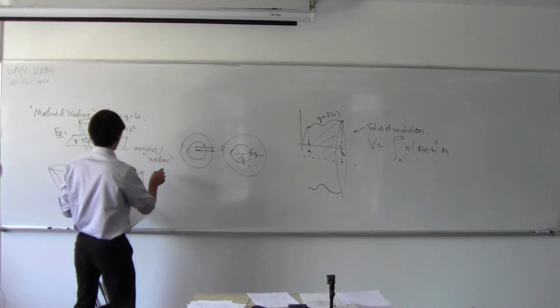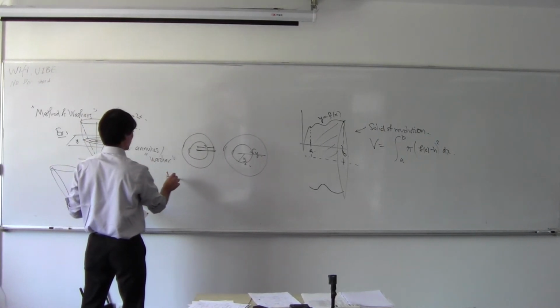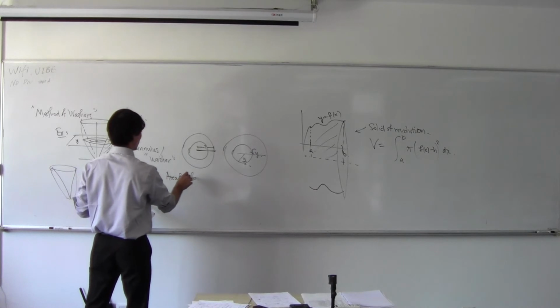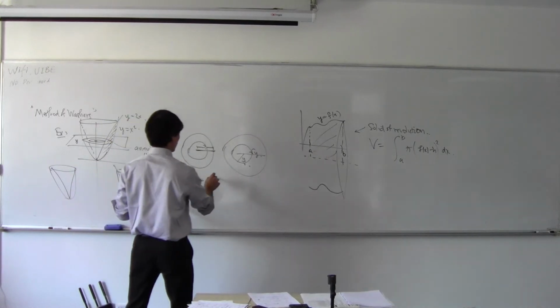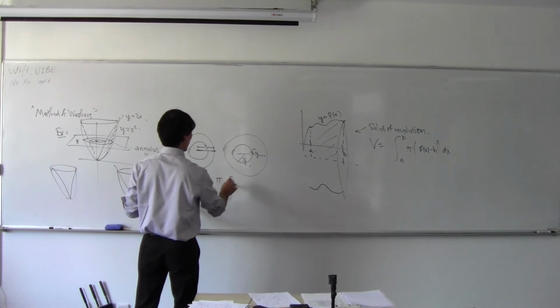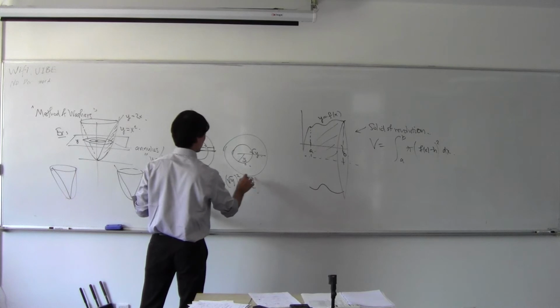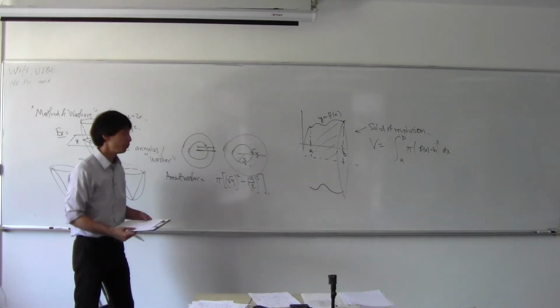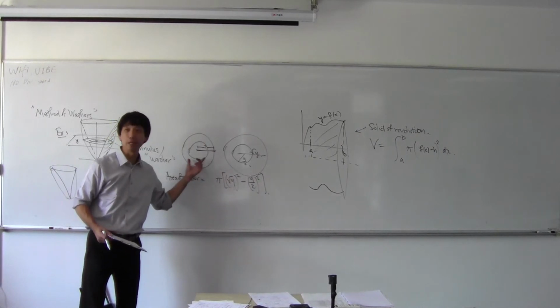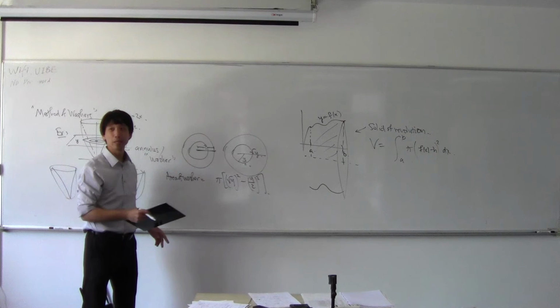Okay, so the area of the washer is pi root y squared minus pi y over root 2 squared. Right? Pi r squared minus pi r squared. Pi big R squared minus pi little r squared.